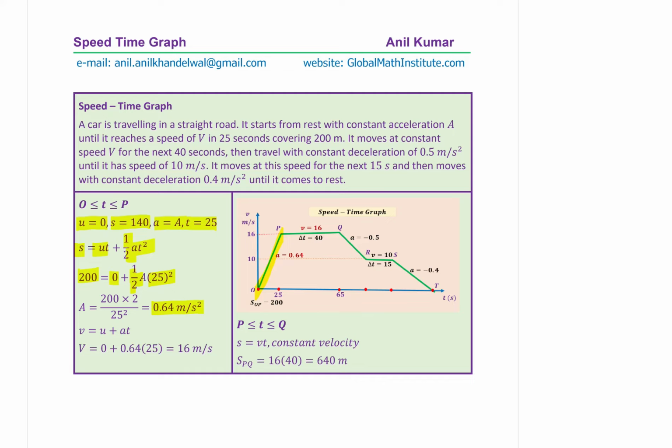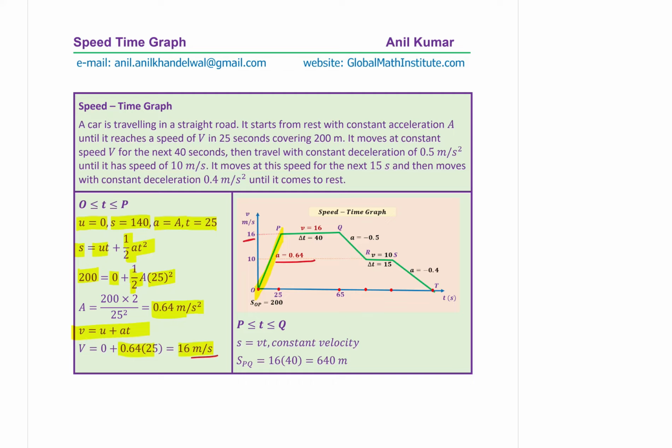Once you find the acceleration, you can find the velocity using the formula v equals u plus at, substituting capital V for the velocity, 0 for initial velocity, 0.64 for acceleration and 25 seconds for time. We get the velocity as 16 meters per second in the first phase, and the acceleration as 0.64 meters per second square.